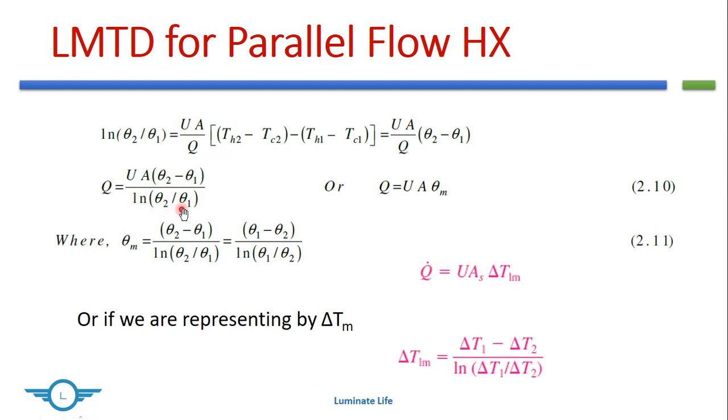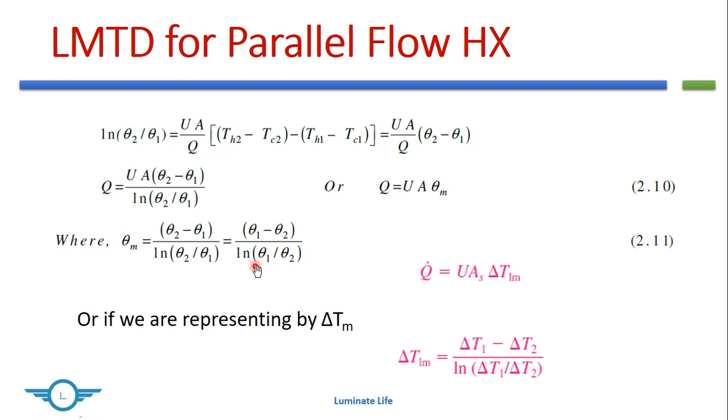While defining LMTD, we told that q is also equal to UA into LMTD. So equating these two equations, we have LMTD for a parallel flow heat exchanger as theta m equal to (theta 2 minus theta 1) by ln theta 2 by theta 1, which is also written as (theta 1 minus theta 2) by ln theta 1 by theta 2.